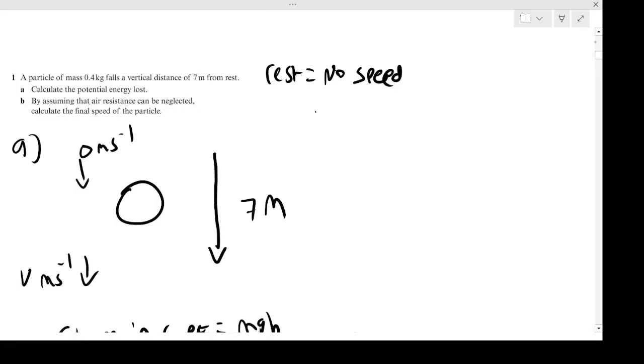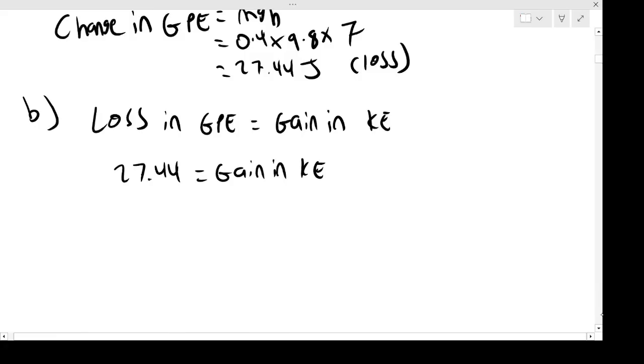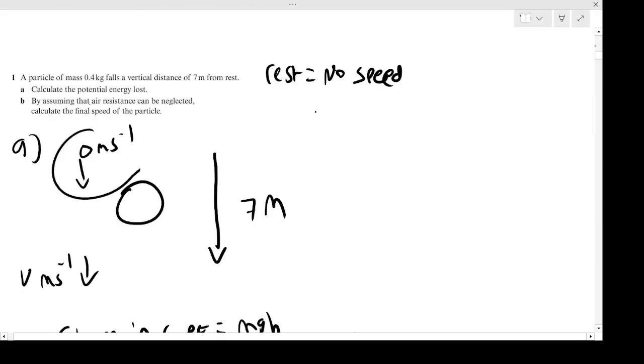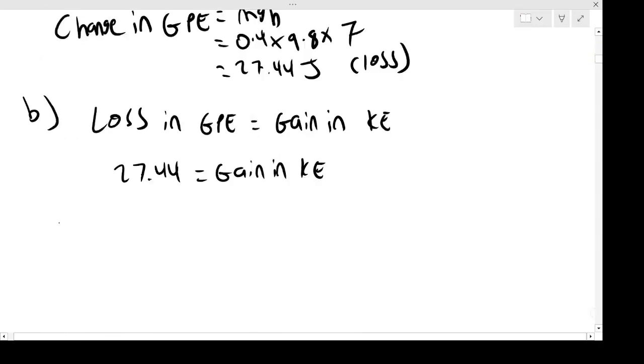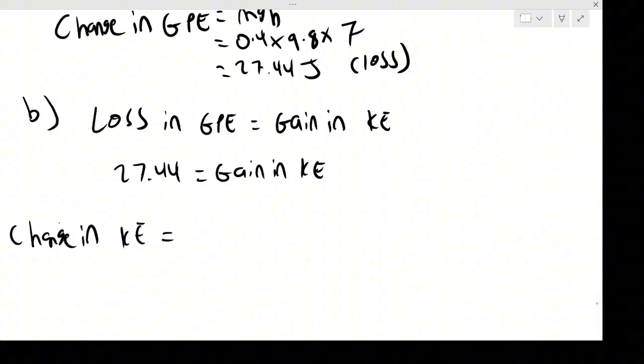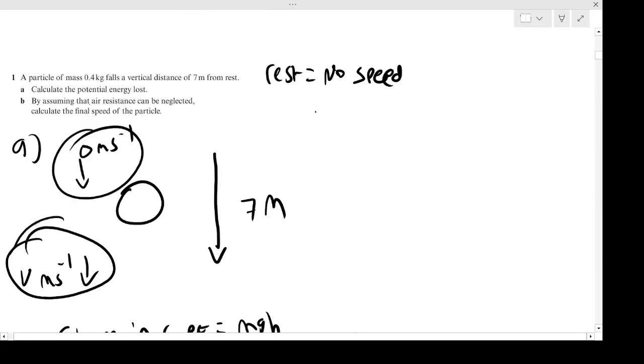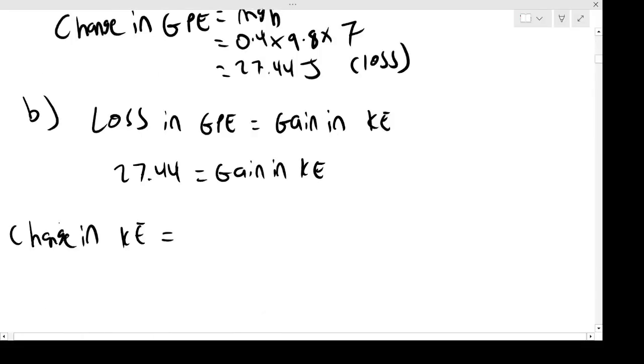And so therefore it wants me to work out the final speed, but I'll call the final speed V. It's unknown. I want to work that out. So then I know what the gain in kinetic energy is. I can also work that out with these two speeds, right? I also know that the change in kinetic energy is going to be the final kinetic energy, take away the initial.